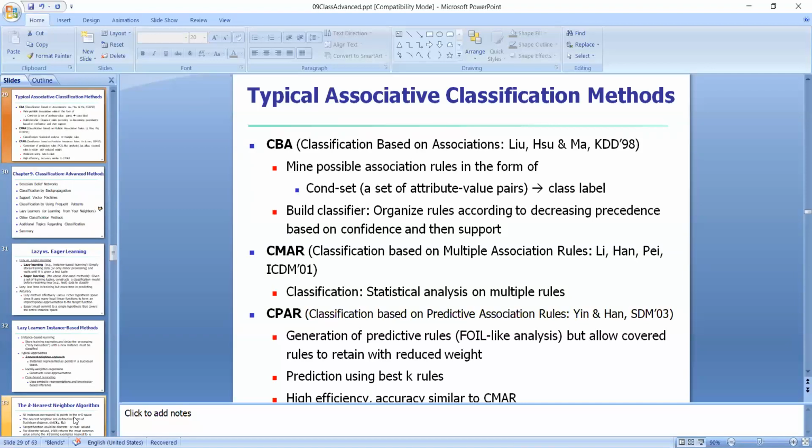By considering the best K rules rather than all of the rules of a group, it avoids the influence of lower ranked rules. The accuracy of CPAR on numerous data sets was shown to be close to that of CMAR. But CPAR generates far fewer rules than CMAR, so it shows much more efficiency than CMAR, right?